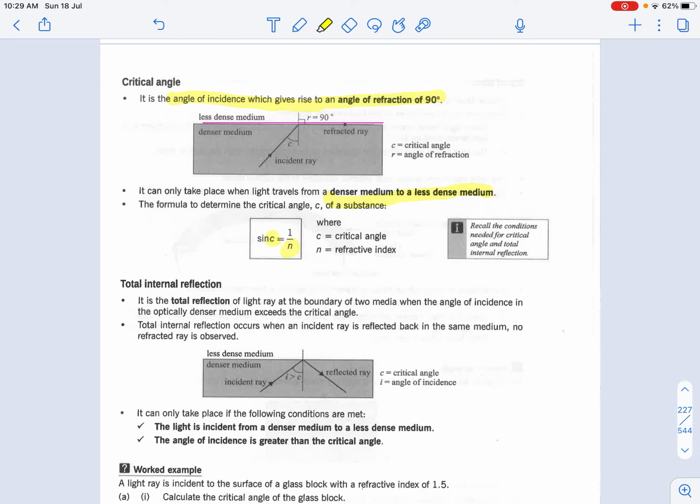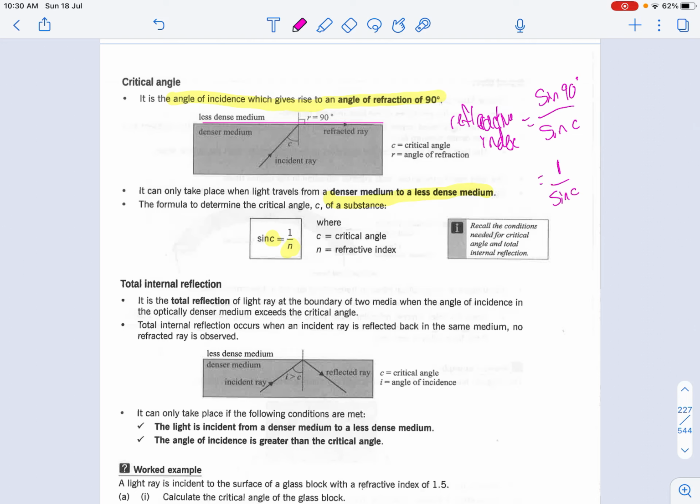So one thing to take note is that because you are measuring from a denser medium, the refractive index equals, what I can see here is less dense, so sine 90 degrees over sine C. Okay, and sine 90 is actually equal to 1.